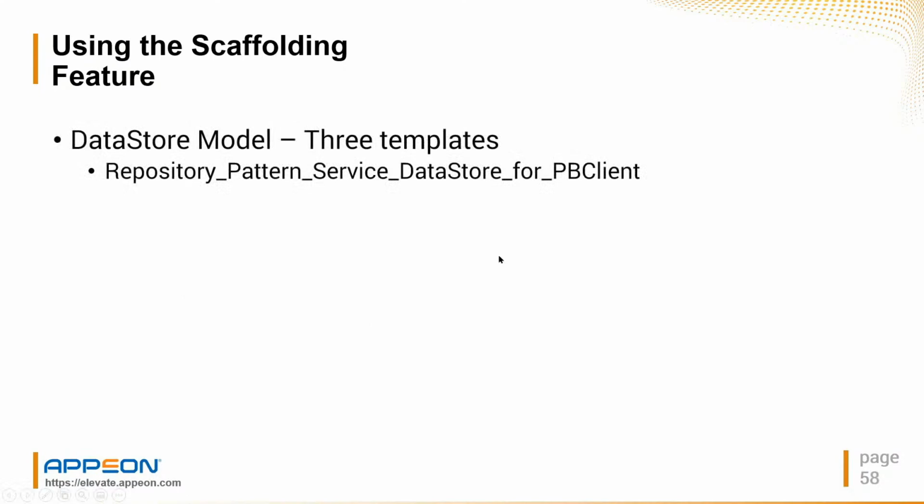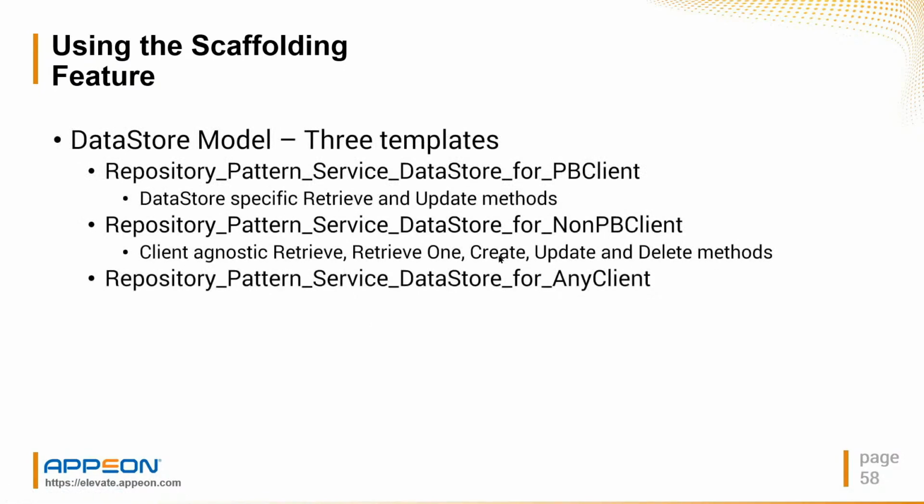So if you choose the DataStore model, there are 3 templates. DataStore for PB client, that's the retrieve and update methods. That's pretty much what I showed you when we were doing it manually. DataStore for non-PB client, that creates retrieve one, create, update, and delete methods that send out and take in non-PowerBuilder specific code. It's just the plain old JSON.